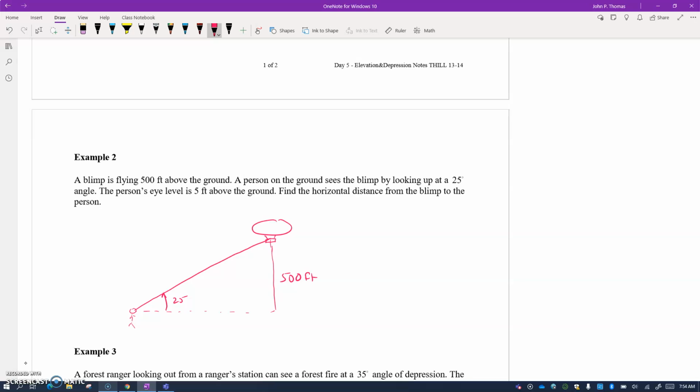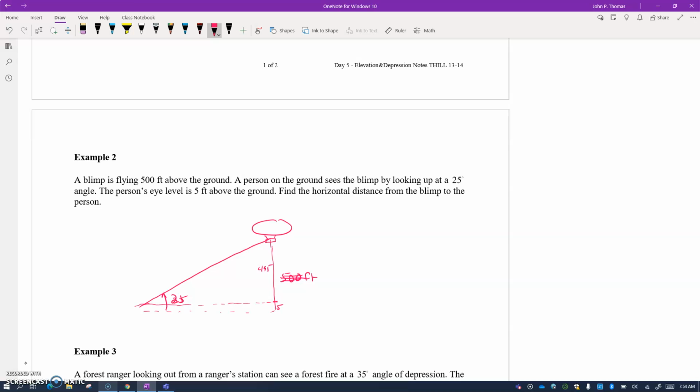It says the person's eye level is 5 feet above the ground. So that means the bottom part of this is 5, and then the top part would be 495, because we're taking basically their eye line off the bottom of that.